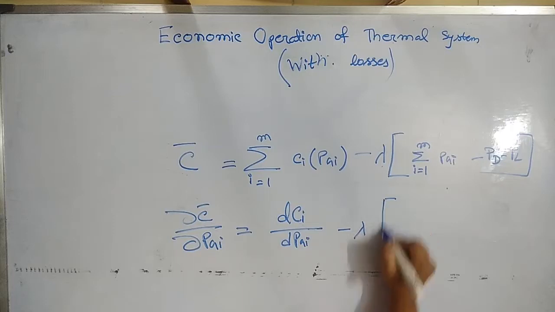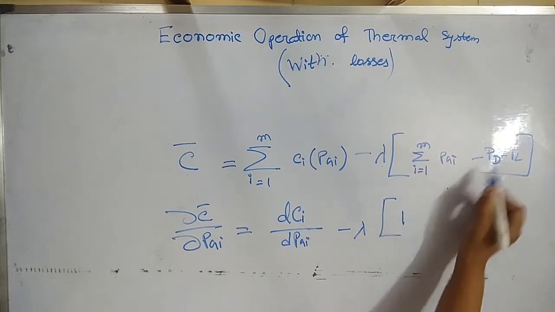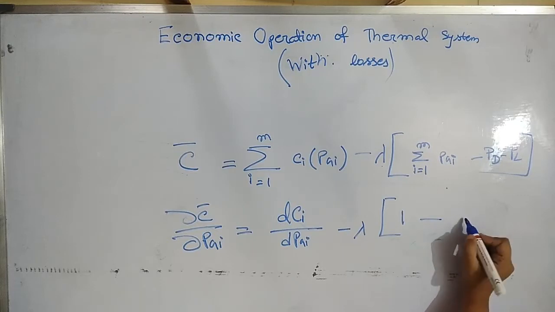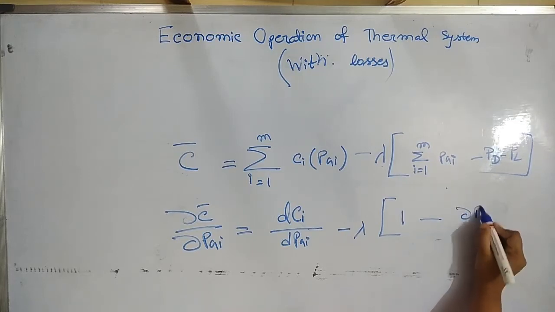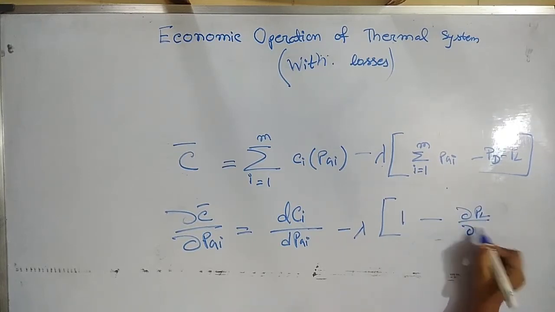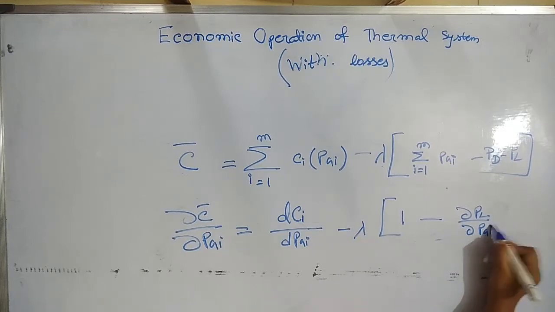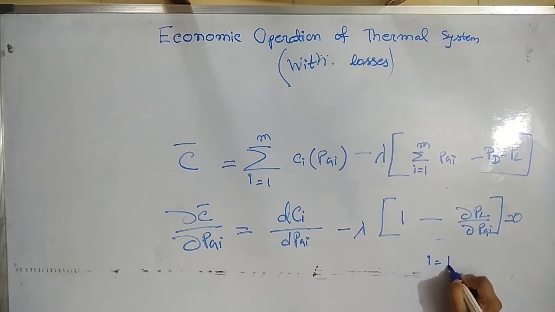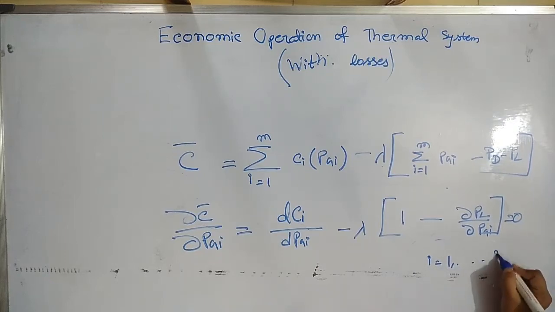So we get dC/dPGi minus lambda times (1 minus dPL/dPGi) equals 0, where i is from 1 to m.